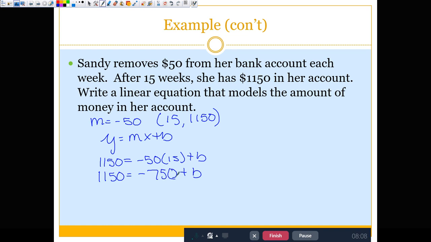I'm going to add 750 to both sides, and I get 1,900. So now that I know m and I know b, I can write my equation y equals mx plus b, which is y equals negative 50x plus 1,900.